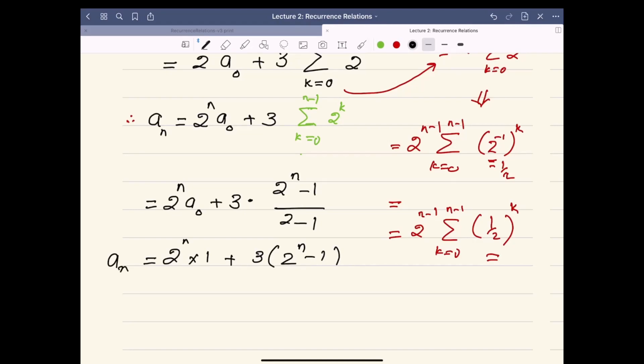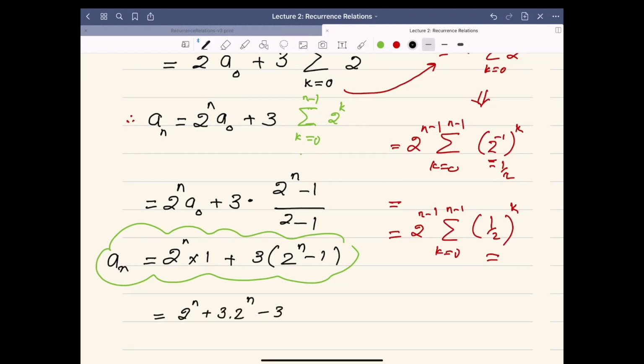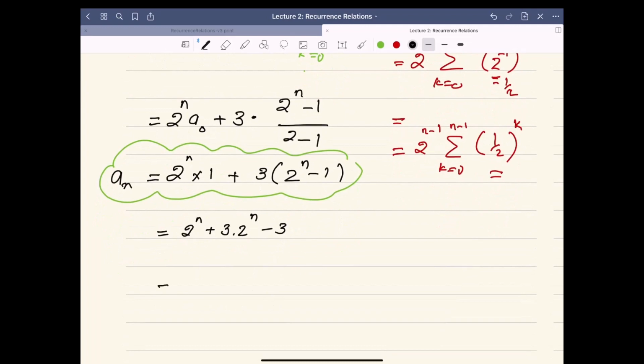But if you want to simplify it further, I will just put a cloud around it to show that this is the final answer. And if you want to simplify it further, then this is equal to 2 to the power n times 1, plus 3 multiplied by 2 to the power n minus 3. And if you combine these two together, 2 to the power n, it will be 1 plus 3 minus 3.